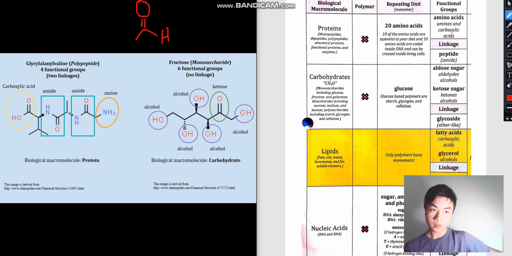Right, but since there's not an H right here or right here, since there's a carbon and a carbon, and the O in the middle, we can assume that it's just going to be a ketone.